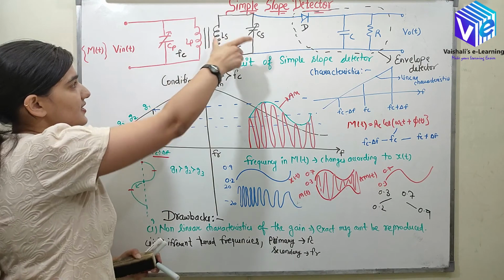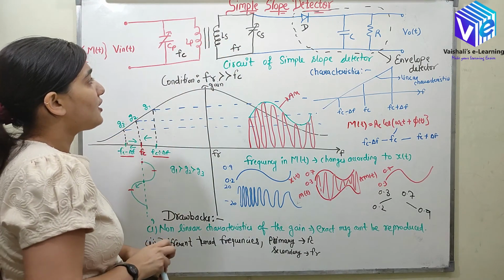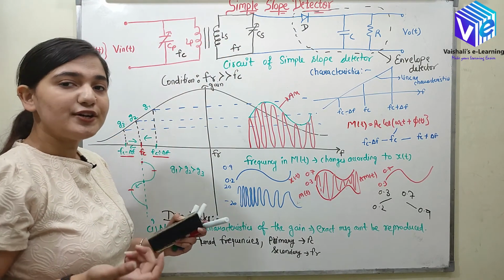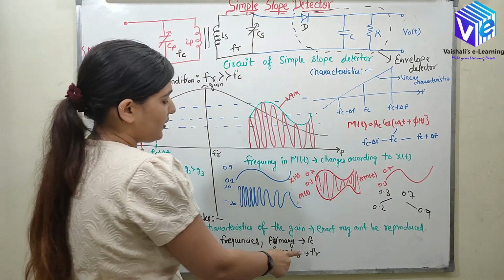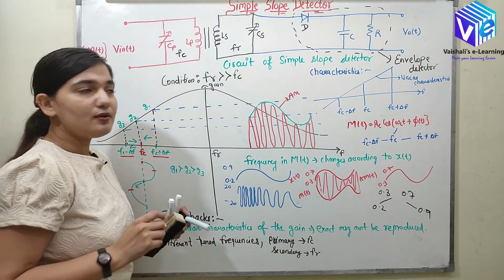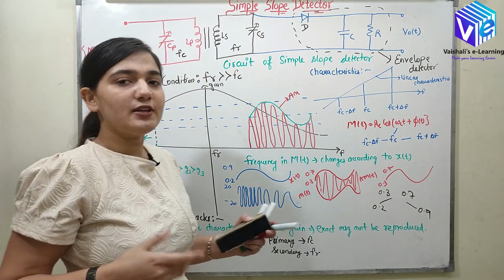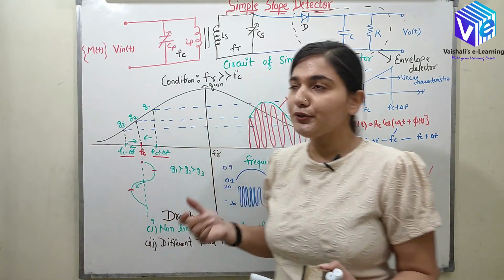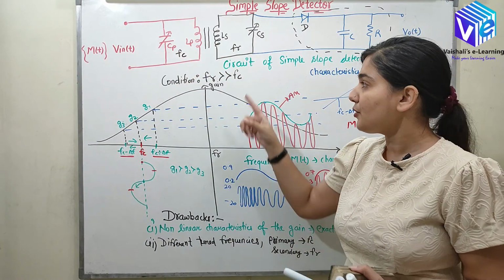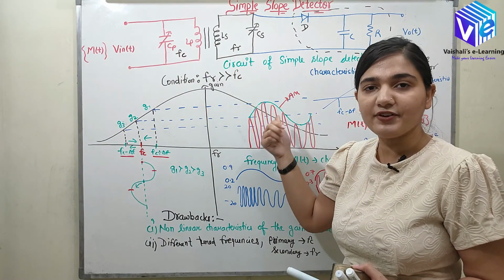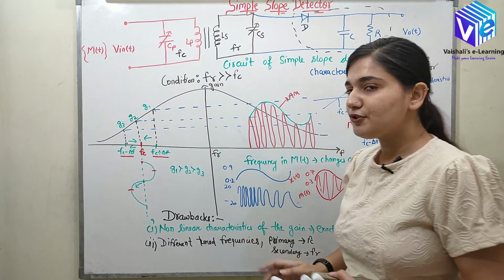This is the first tank circuit, this is the second tank circuit. So the primary tank circuit, I have already told you, was tuned around Fc, and the secondary tank circuit was tuned around Fr. So this is a transformer, so it will be very difficult to tune these two tank circuits at different frequencies which are varying very differently. So now this is the second drawback.